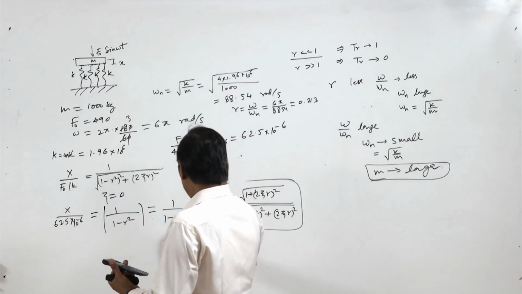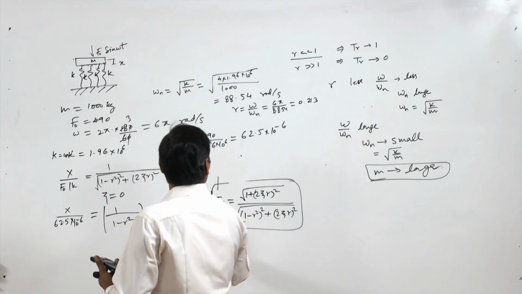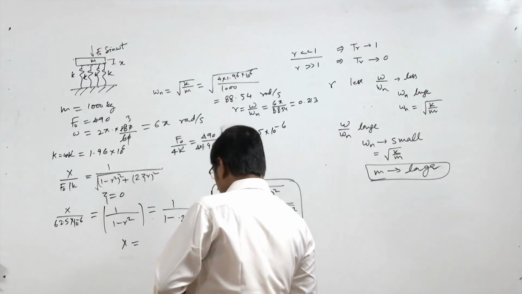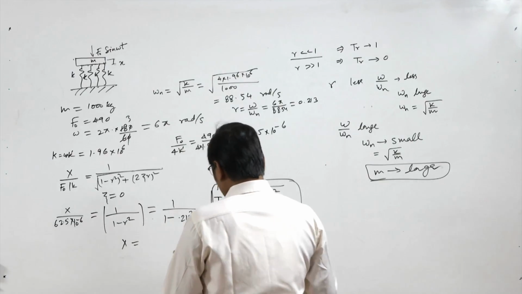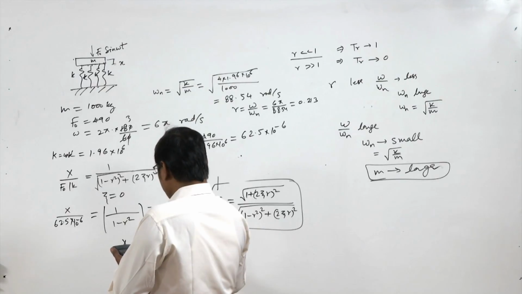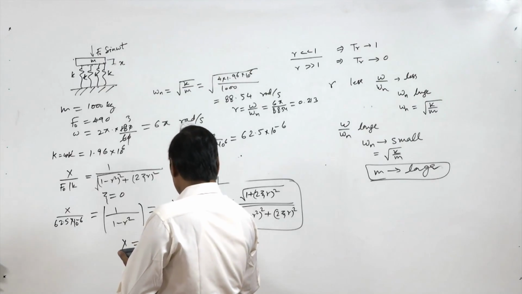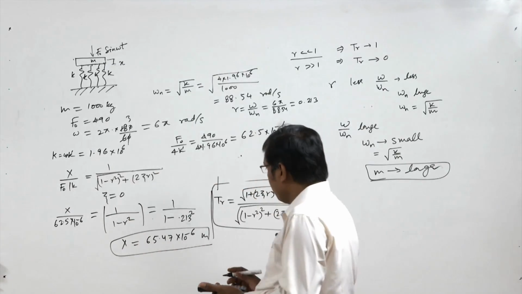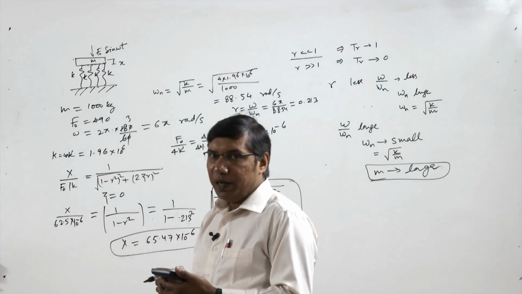So we have 0.213 square. So we can find x, which is 65.47 into 10 power minus 6 meter. So this is the x, and that is very small.